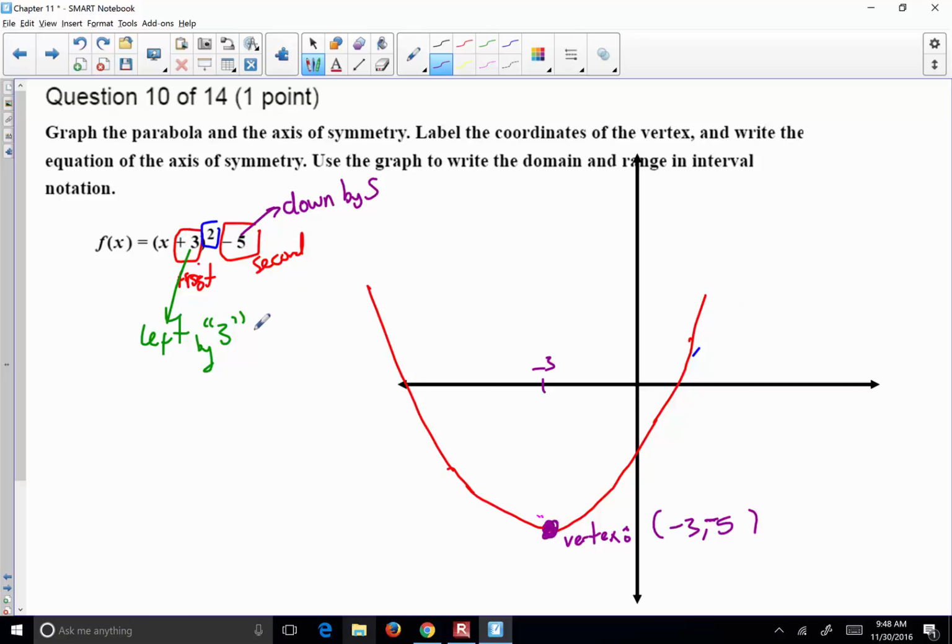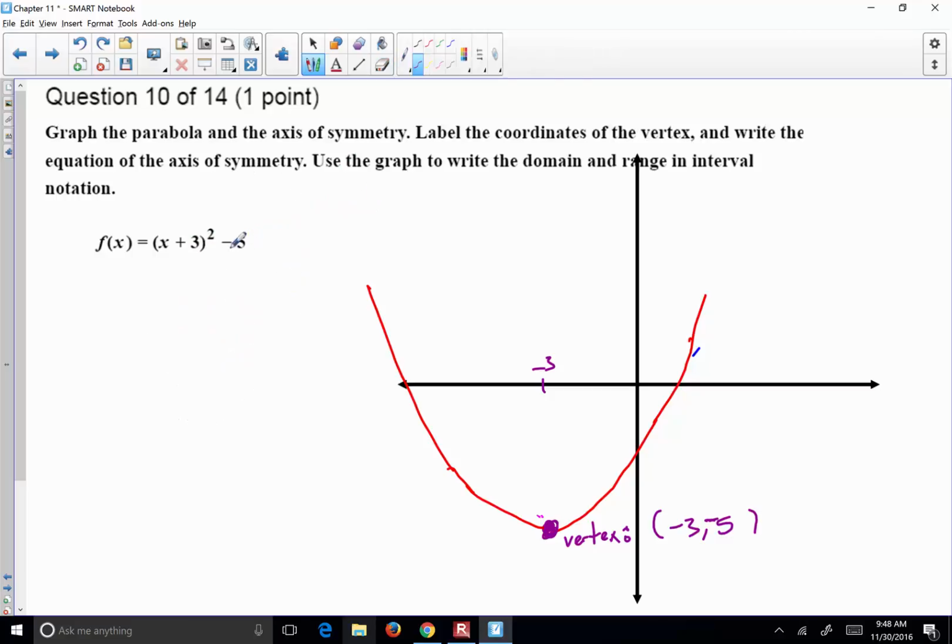But what if you weren't tracking my moves and you didn't have this picture? Could you write the vertex directly from this equation? How? You have to take into account that you're moving left for the function. So we are taking the opposite of this number. It's +3, right?